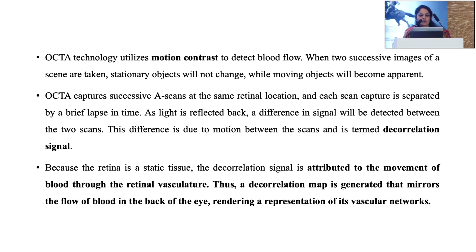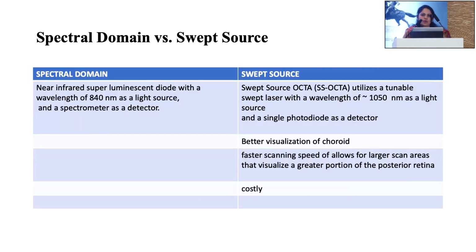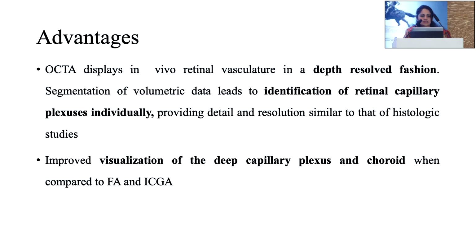So a decorrelation signal is made, and this leads to a decorrelation map, which we see as an OCTA map. As we all know, there are different OCT technologies: time domain, spectral domain, and swept source. Swept source is the latest. It has a longer wavelength, so more penetration and better choroidal view. But it is costly.